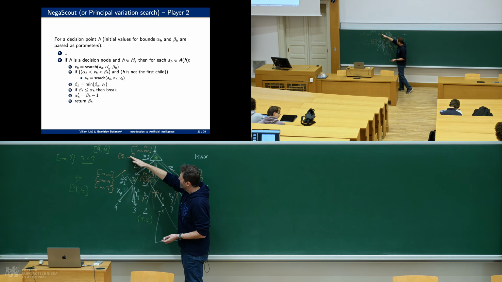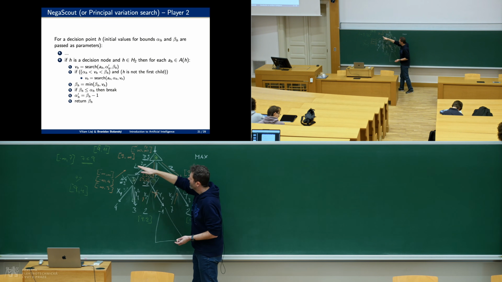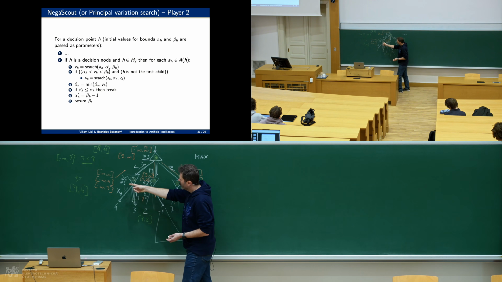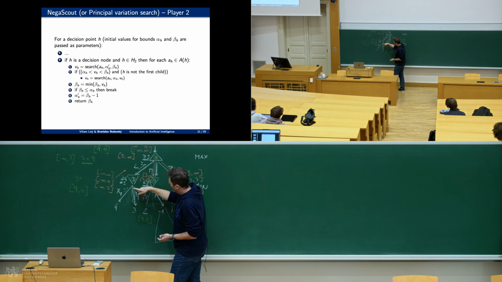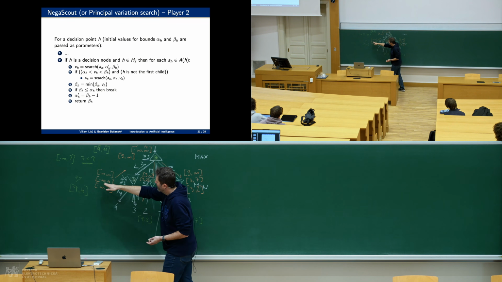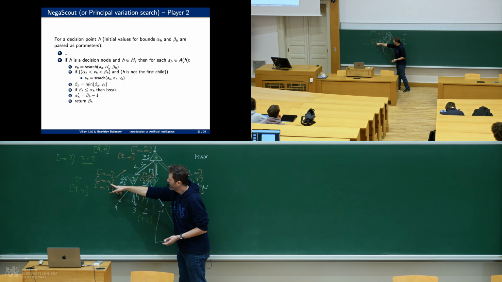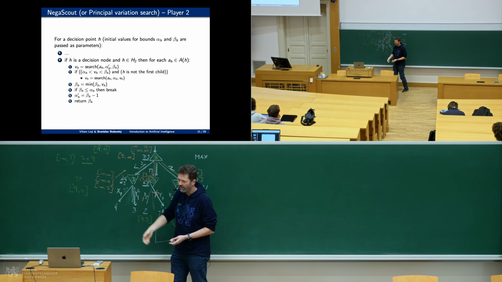So we modify this for the second search here to 3, 4. For the minimizing player, we do it differently. If we explore this action first, then for the second call, we will have 3, 4 again, because 4 is something that we fix, and 3 is something that will be artificially set.